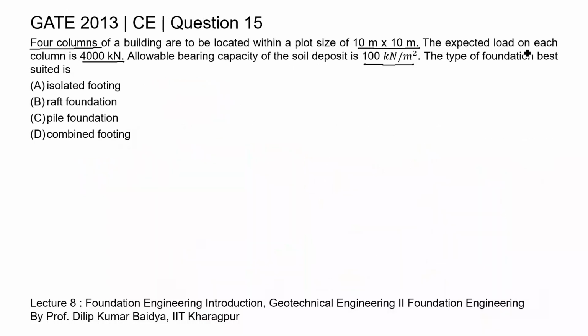Now here the 4 columns need to be constructed in the plot size of 10 by 10 meter and the expected load on each column is 4000 kN. So the load is 4000 kN and the bearing capacity of the soil is 100 kN per meter square.